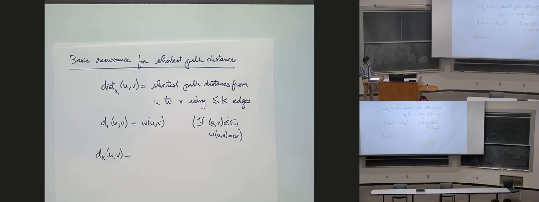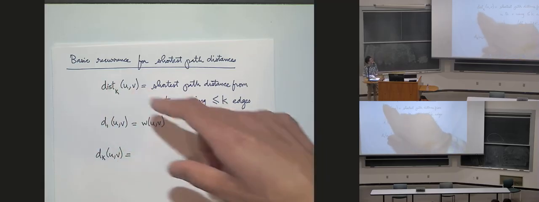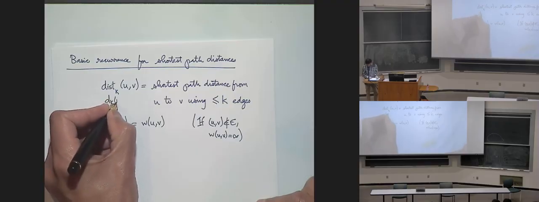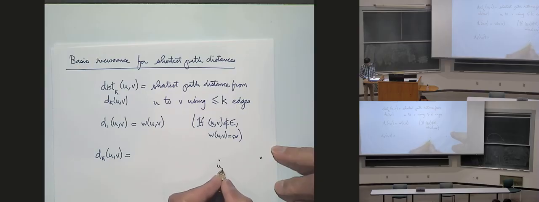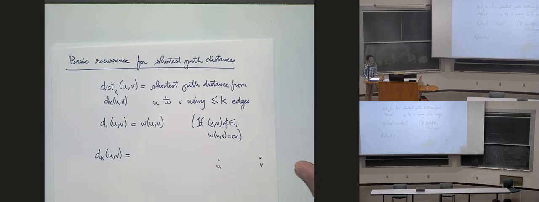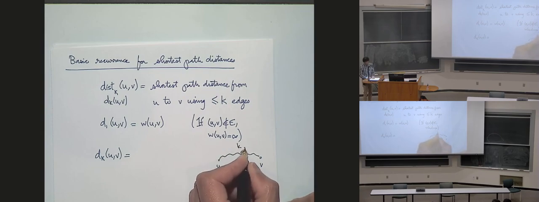Okay, so how would you do this? What is the recurrence you should write here? You want to write dk in terms of, I should say dk uv. You want to do dk in terms of dk minus 1. How? So that means you want to go from u to v, and you want to see what is the shortest path that uses k edges.